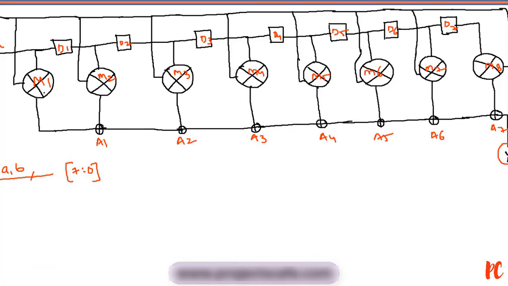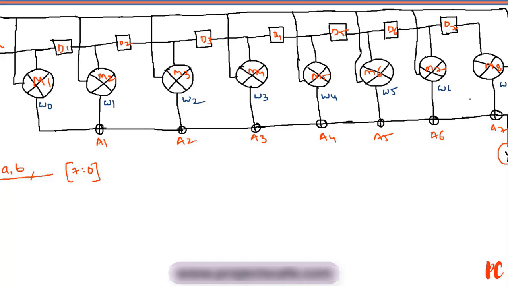Let me consider the output of this multiplier will act as W0, output of second multiplier will act as W1, output of third multiplier will act as W2, W3, W4, W5, W6 and finally W7.